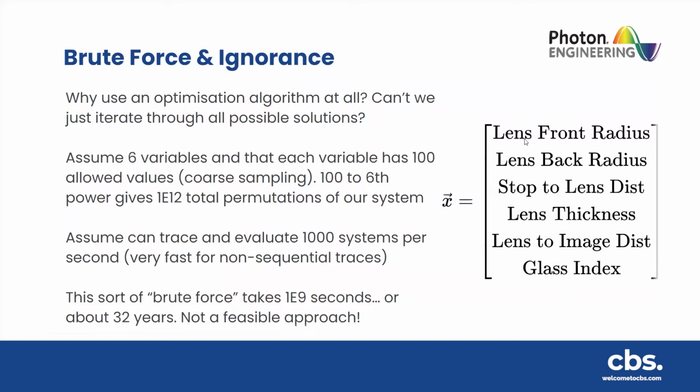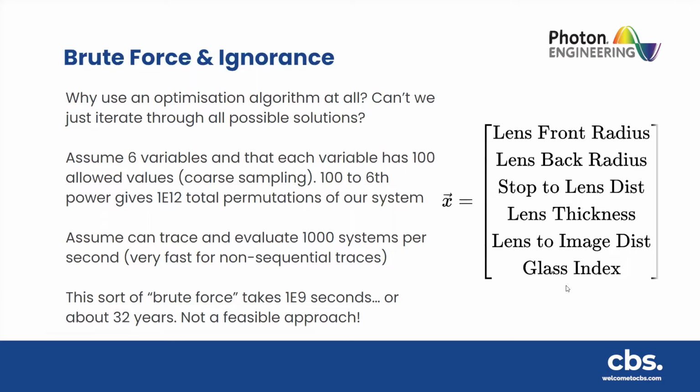Now, if we assume that each one of these items can take on 100 different values, then 100 to the 6th power gives us 10 to the 12 permutations of that system, which is a huge number.